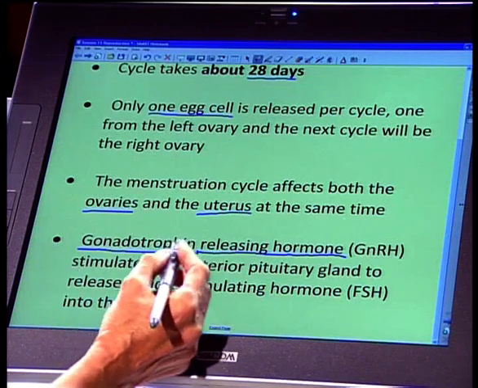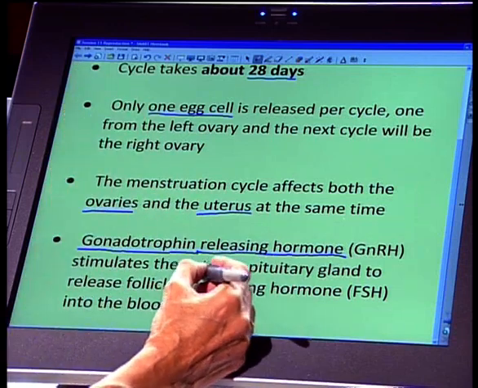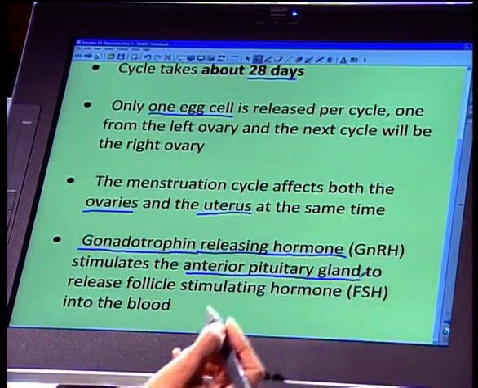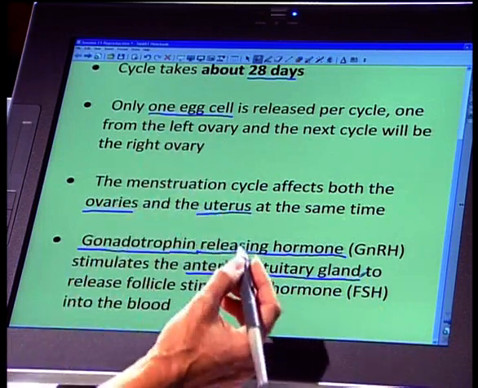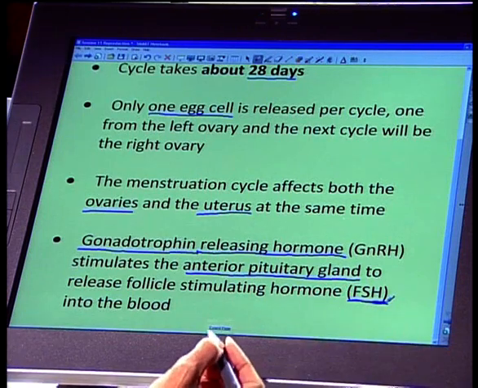So your gonadotrophin releasing hormone, and that's going to stimulate the anterior pituitary gland. And what does it do? It releases follicle stimulating hormone, or just FSH. So we have the GnRH, and the GnRH is going to stimulate the pituitary gland to release follicle stimulating hormone.